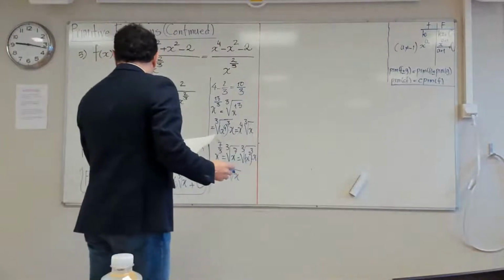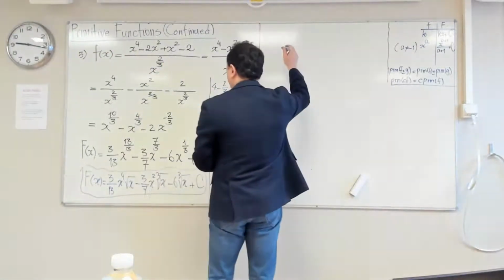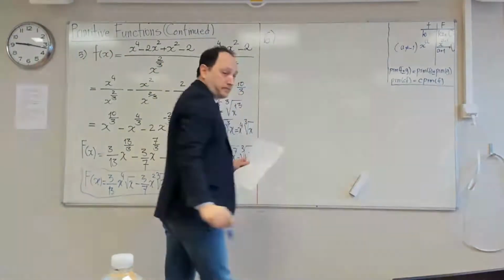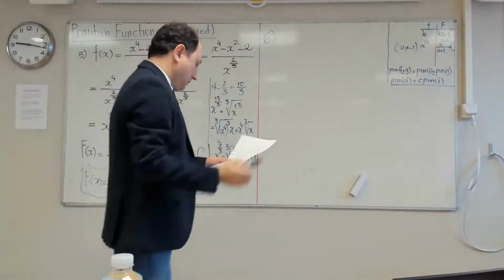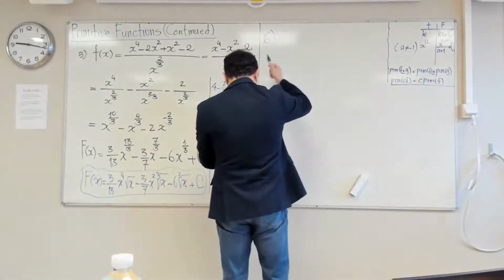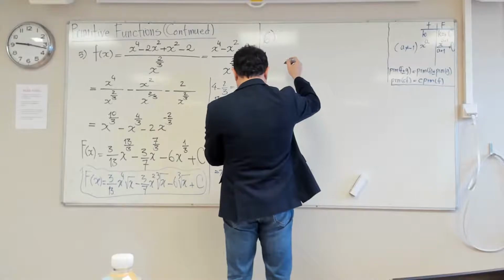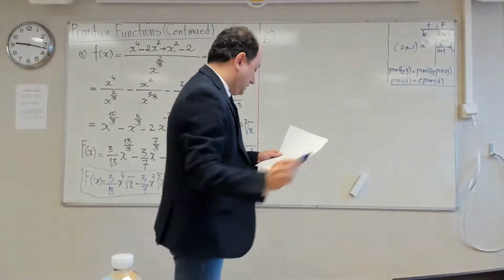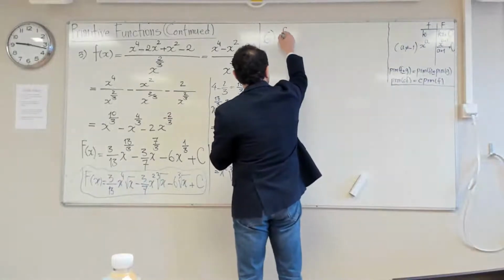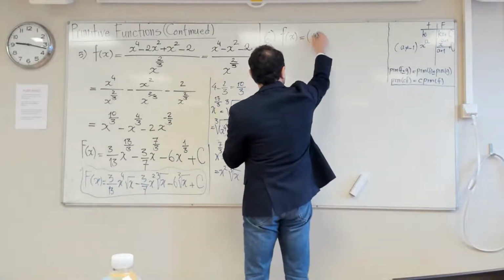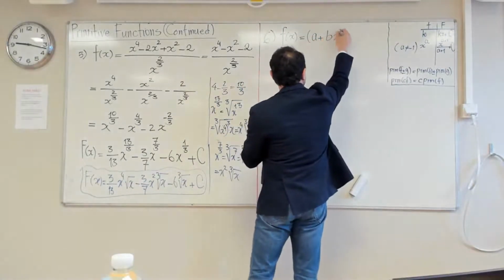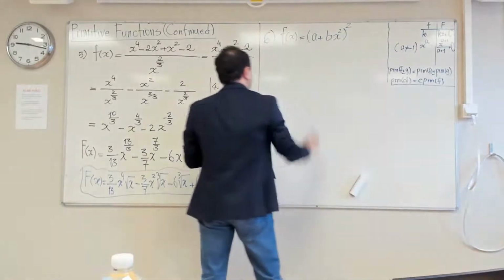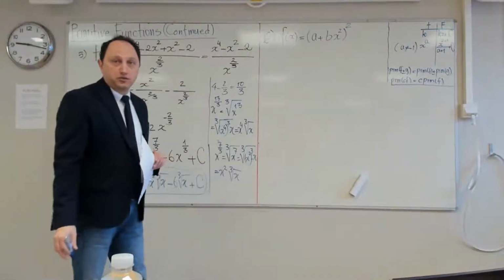So number 6, am I right? Yes, this is number 6. Okay, so let me write some more for you here. F of x is equal to a plus bx squared to the power 2. So you can start doing them. You don't need to wait for me.